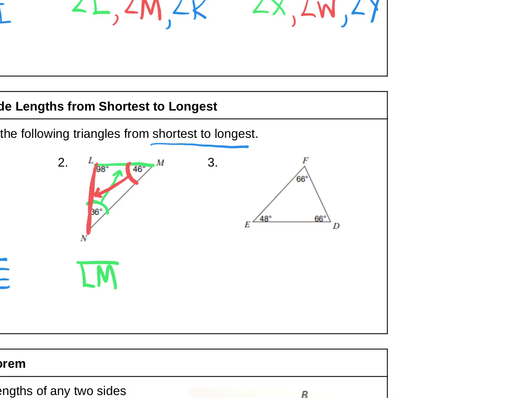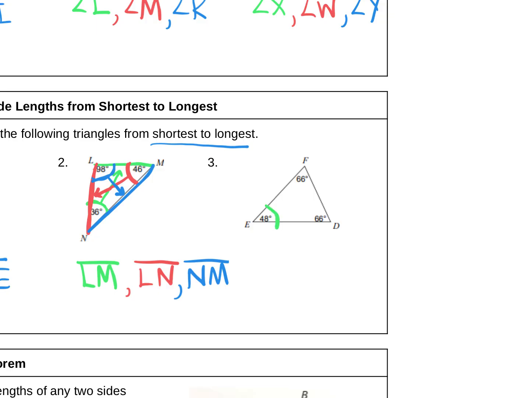So that would be LN. And then last, we have the 98, and across from that is NM. If it's getting confusing, I really recommend trying to highlight each angle and side that match like I'm doing.